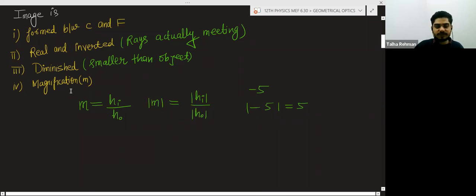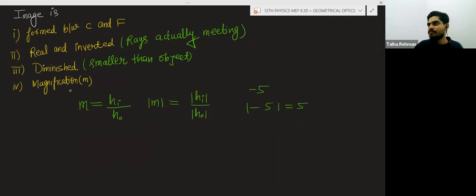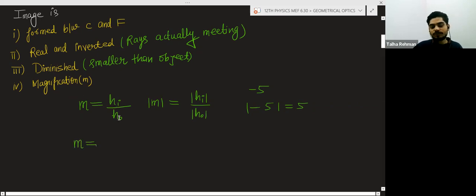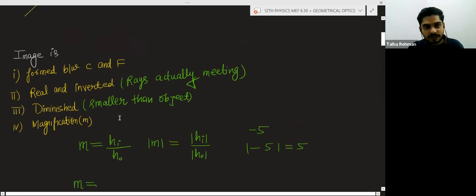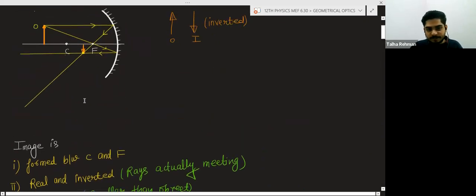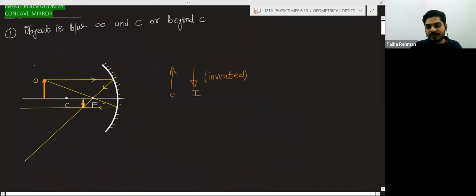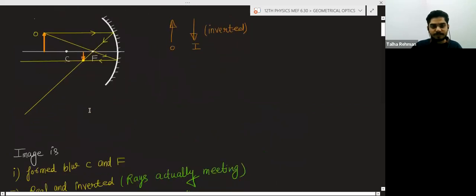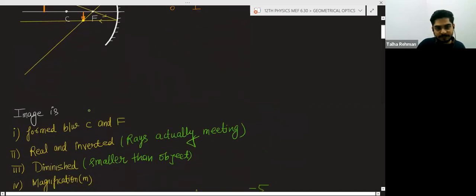And now we will see what will be the sign of the magnification. Magnification is equal to height of the image divided by height of the object. So now see, image is below the principal axis, so height of the image you will take negative.